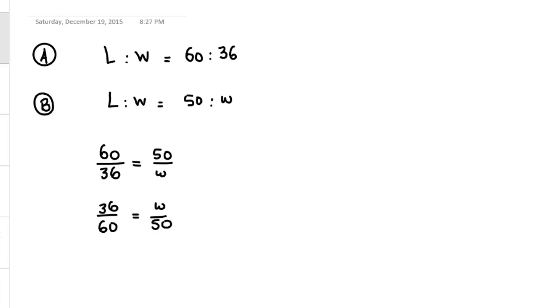By multiplying this fraction by 50. So 36 divided by 60 equal to W divided by 50. Now I need to isolate the W, so I can write times 50. But I cannot do this change on the right side without doing the same change on the left side. To keep the balance of the equation, I have to do the same thing here.